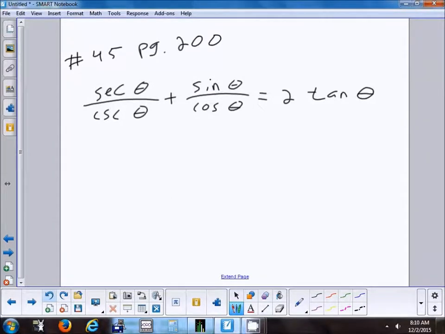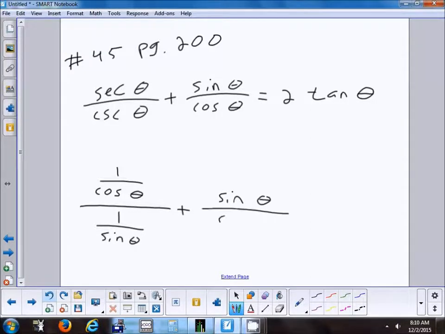Let's start with secant. Secant, we write using our reciprocal identities, and that's 1 over cosine. Cosecant is 1 over sine. And for now, just leave that as sine over cosine.